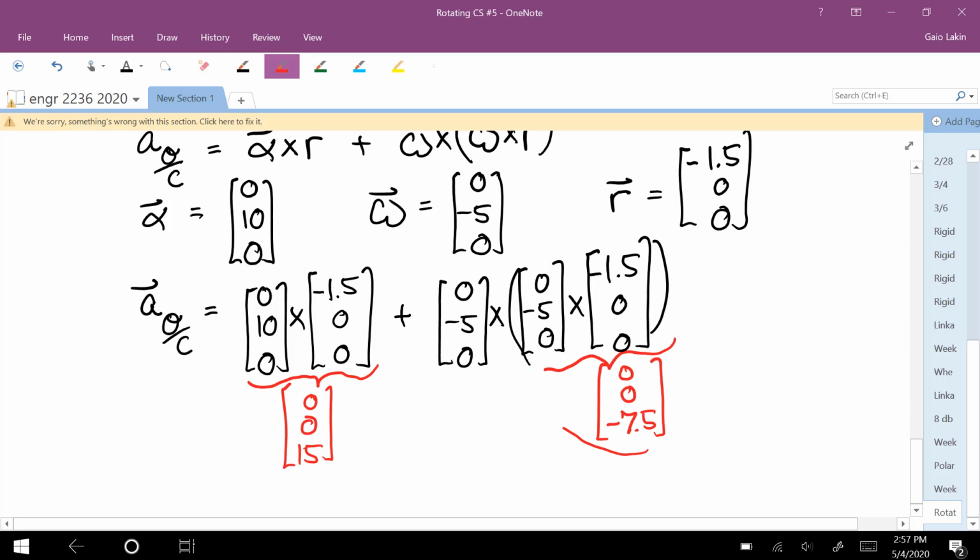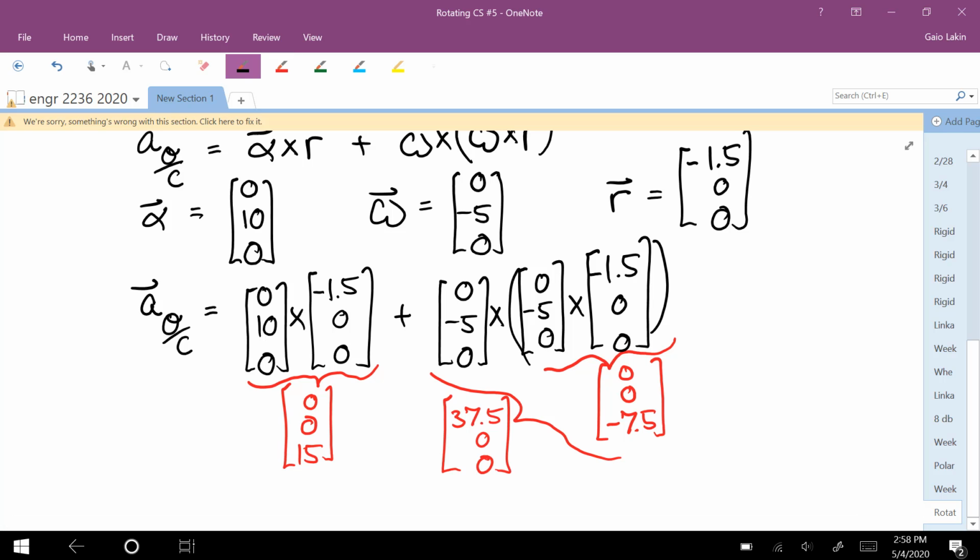So together these come out to be (37.5, 0, 0). And so altogether, the acceleration of the origin relative to the center of the disk is (37.5, 0, 15).